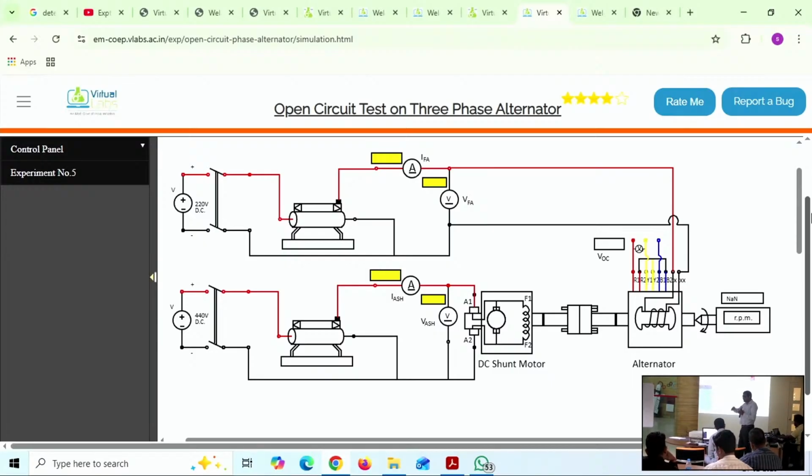You try to decrease it, again come back to 0, the other will not come to 0 because of retentivity. The domain structure will not align back with respect to this excitation. Because of that, the field retains. That small residual flux causes EMF. That is how we are getting the OCC characteristics in a DC generator.